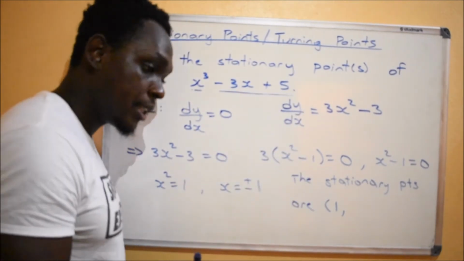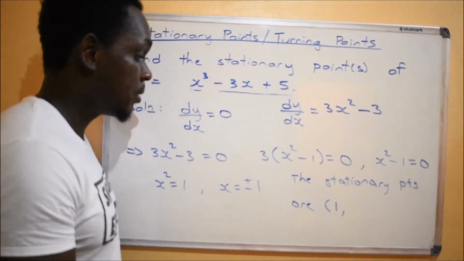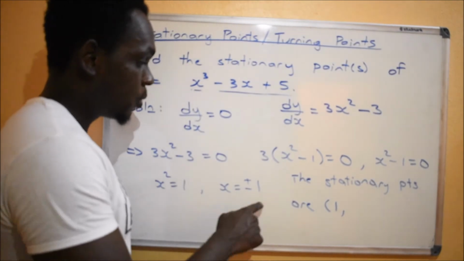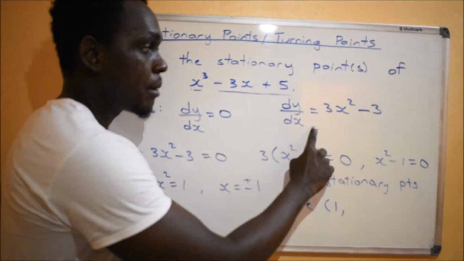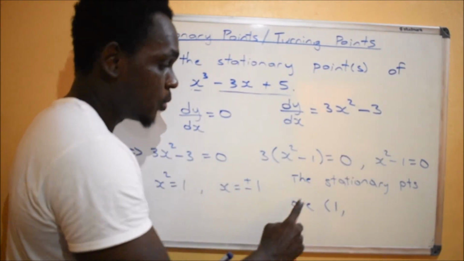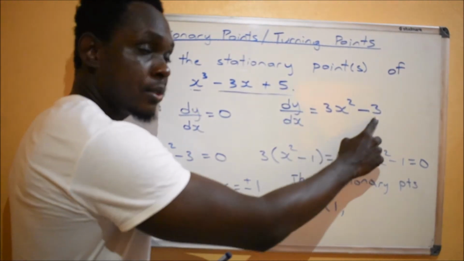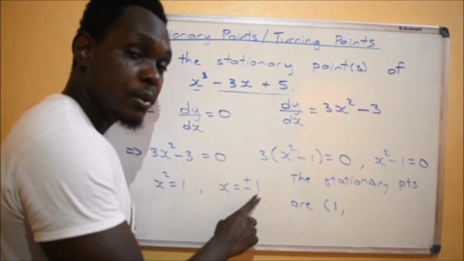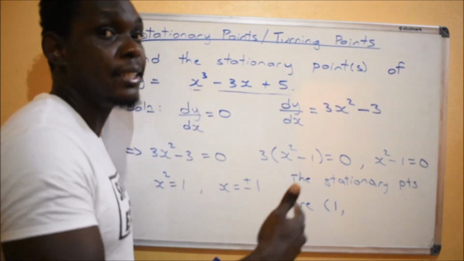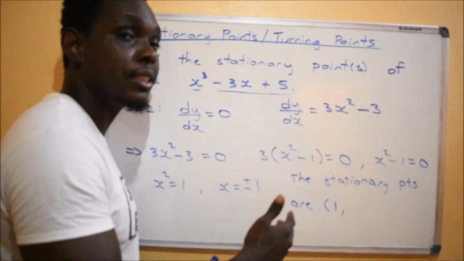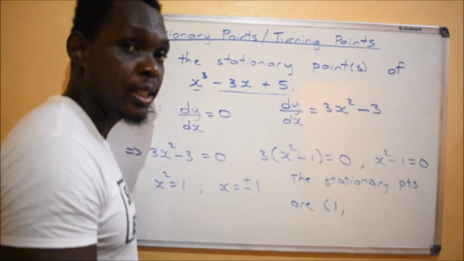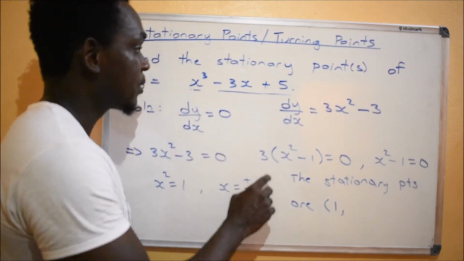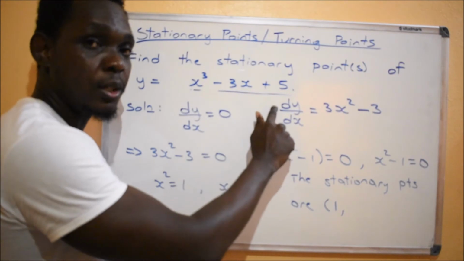Now, a common mistake that I see is students often substitute 1 in dy by dx. Substituting 1 in this will give you the gradient of the tangent at x is equal to 1, and we will always get 0 because that's the stationary point. So to find the y coordinate, you need to substitute it in the original equation.